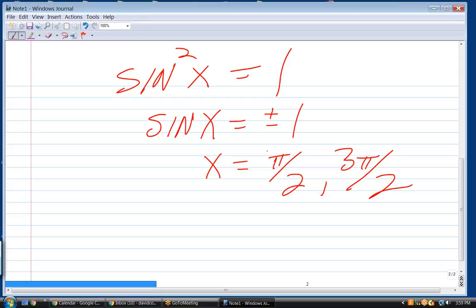It's the most common mistake, most often repeated, most difficult for me to change. Everybody forgets the plus and minus. And notice, if I forget the plus and minus there, then the only solution I get is pi over 2. So I'm definitely losing points on a test if I put this down.